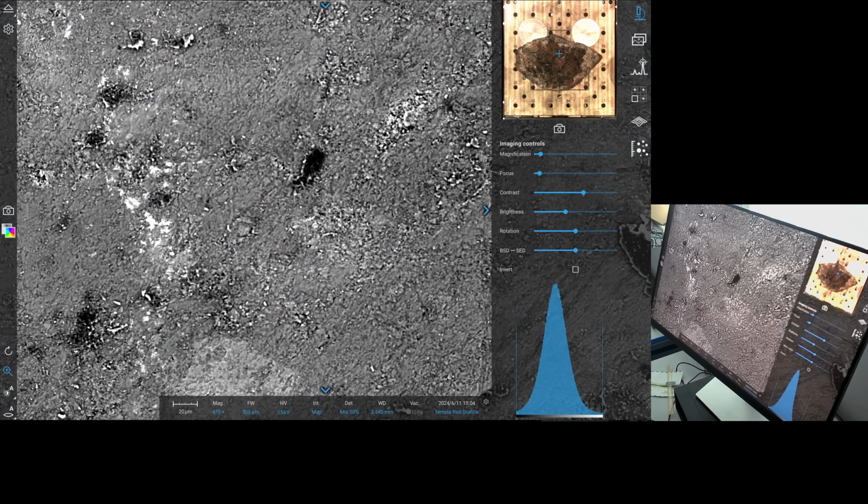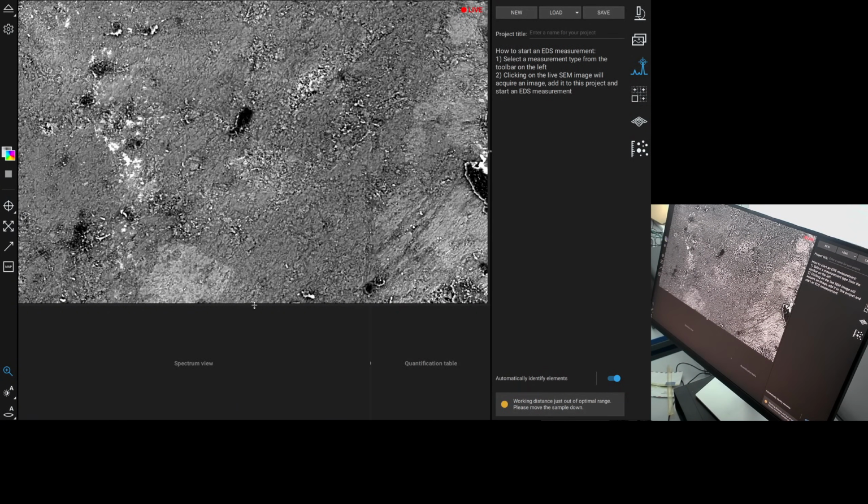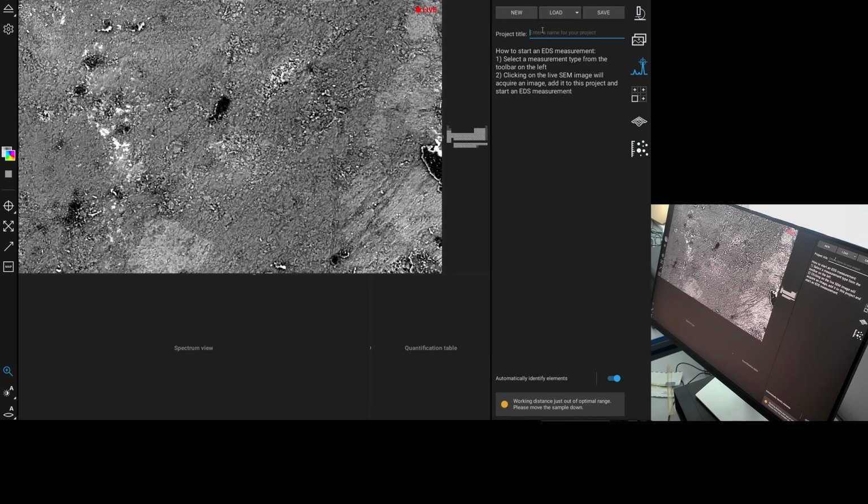So we'll have a look at the elemental composition. We've got it on that. So let's do a couple of samples here. We will do the whiter areas.